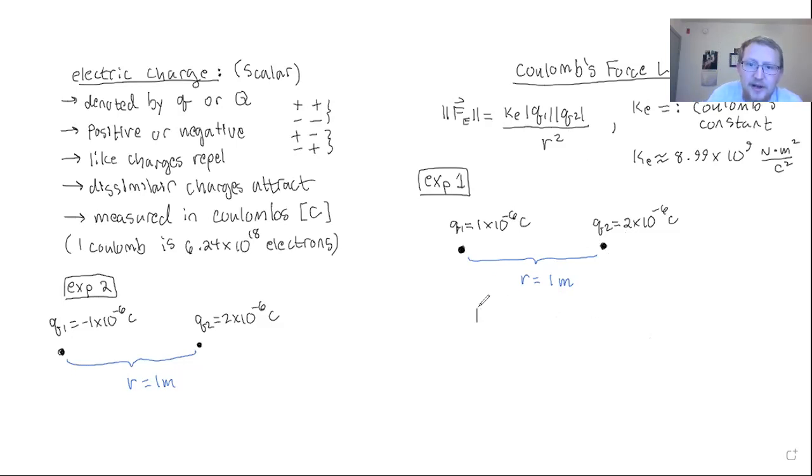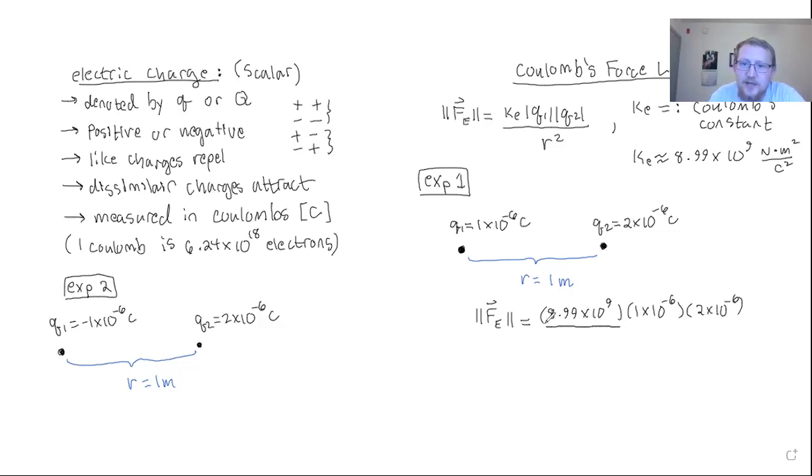So if I want to find the magnitude of the electric force between these 2 charged particles, I would plug in Coulomb's constant, 8.99 times 10 to the 9. Then the absolute value of charge 1 is 1 times 10 to the minus 6. Absolute value of charge 2 is 2 times 10 to the minus 6.